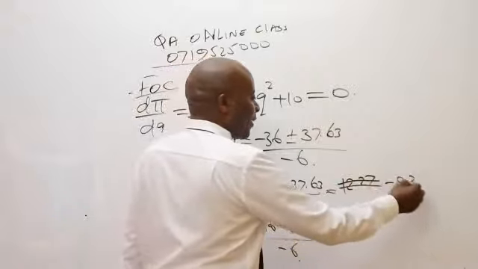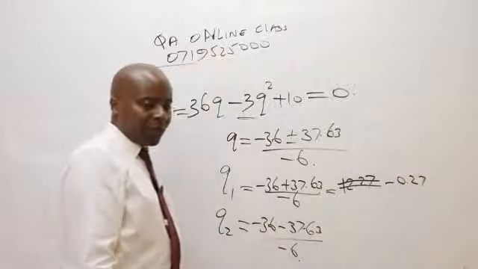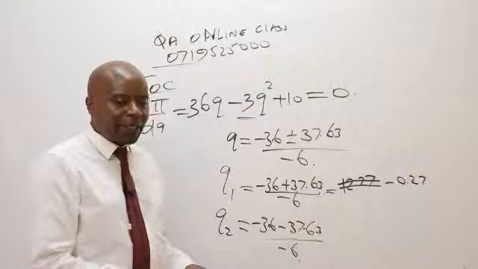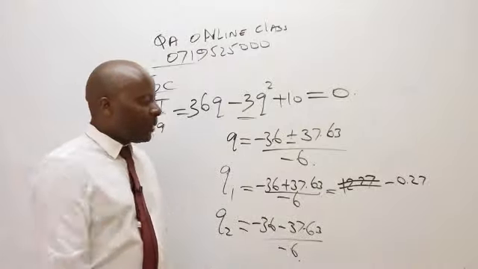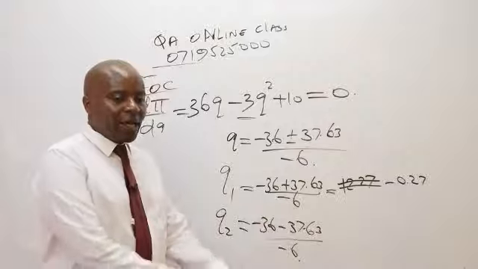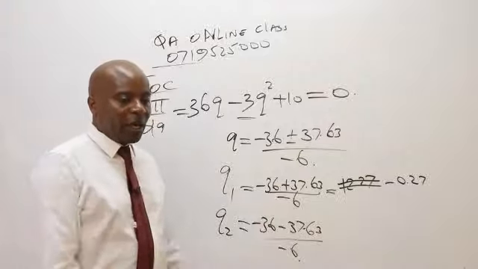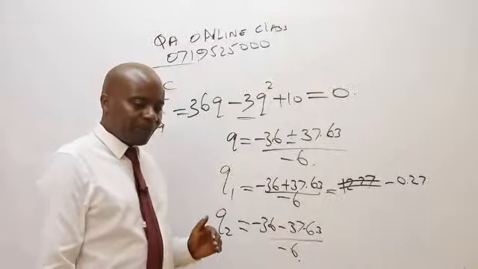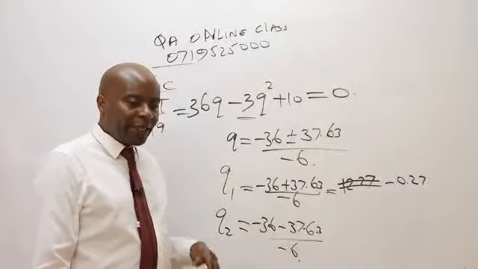So perhaps Nancy is making that correction, minus 0.27. Yes, so the first one is minus 0.27. How about the second one? And then now the second one.